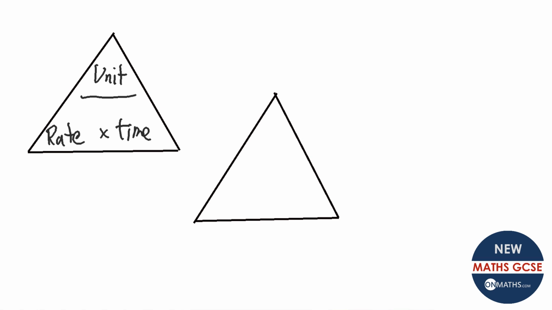So rate of fuel consumption I've seen before. So the unit is given as kilometers per litre. So consumption is at the bottom, that's our compound measure. Kilometers, well, that's distance. And litres, well, that's obviously going to be capacity.